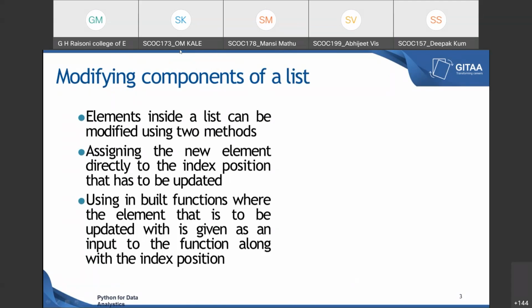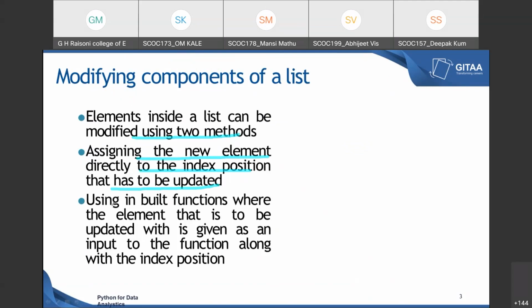Here, I want to modify the component of the list. First of all, an element inside the list can be modified by two methods. First one is we can assign a new element directly to the index position and that will be updated. This is the first way.